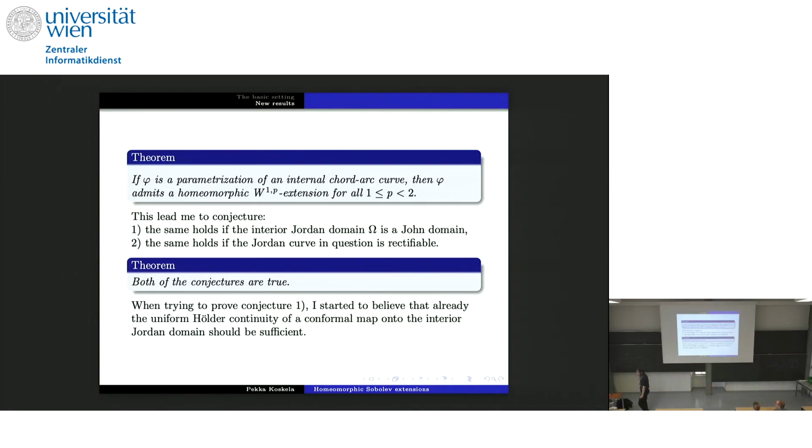The statement holds under weaker conditions, and I was sure that if the conformal map onto the interior domain is uniformly Hölder continuous, then you can extend. And the point is that that rules out exterior cusps, but it doesn't rule out exterior pinching.